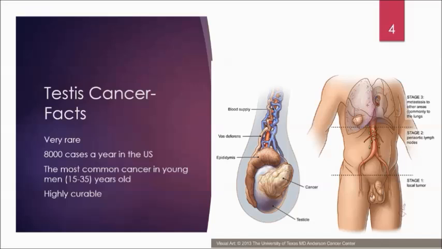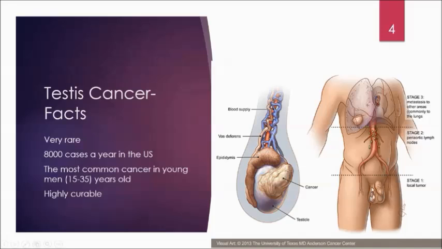So we really take testicular cancer very seriously because we aim for cure, and we want to have people go back to their normal life after curing this cancer. On the picture here, and I'm going to go into this in more detail, you can see how the tumor looks on the testicle. If it is only in the testicle, we call it stage 1.